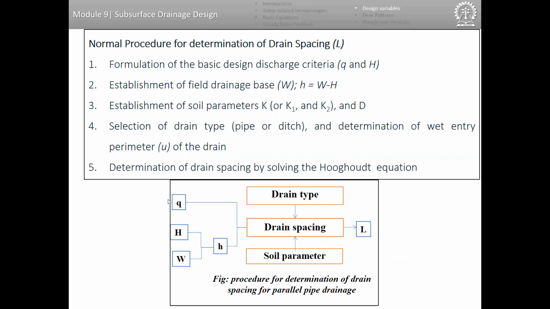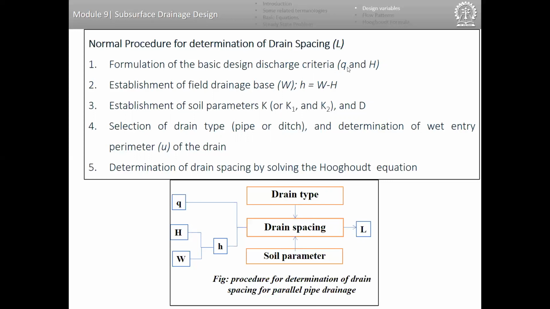The basic design criteria for a pipe system or pipe lateral for groundwater control specifies the recharge, that is Q or discharge.